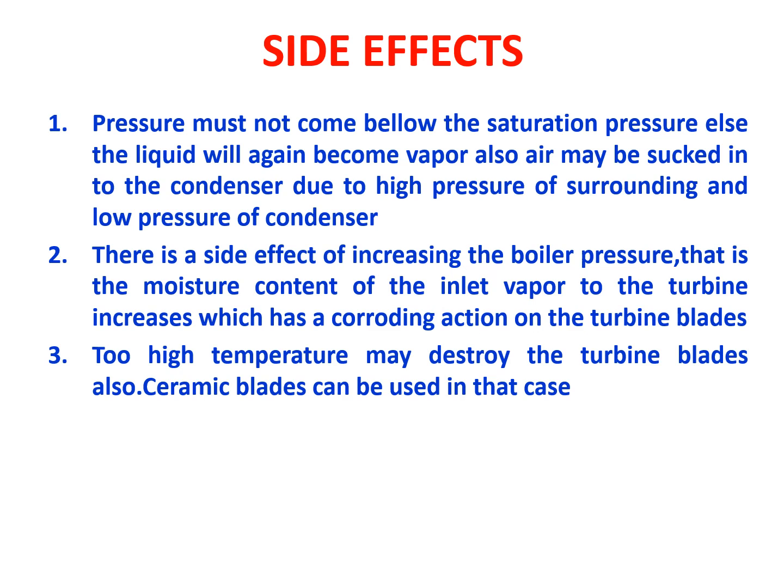Everything will have some side effect, and here also there are some. In the condenser, some problems may occur due to operating below saturation pressure. If you increase the boiler pressure, the moisture content of the inlet vapor to the turbine increases and corrosion may take place.